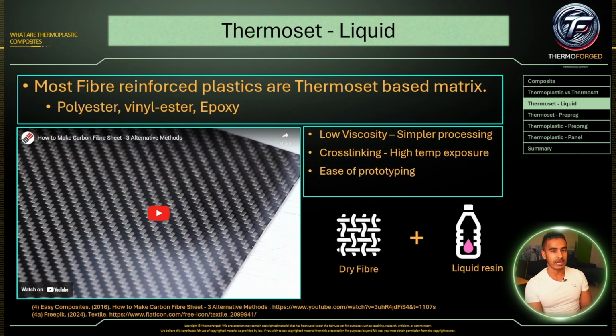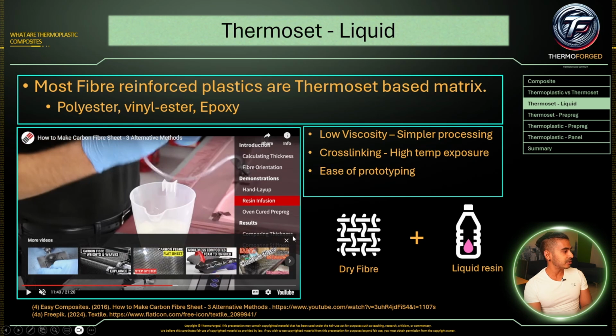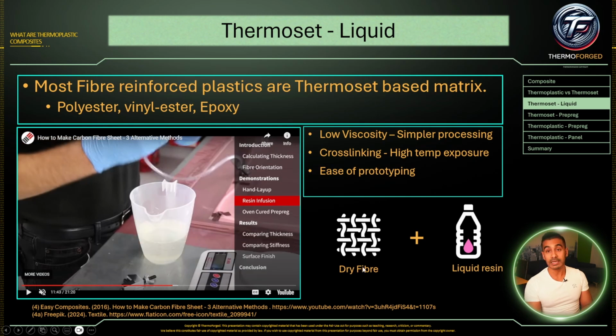I have this video here from Easy Composites, and I would recommend checking out the channel. The guys at Easy Composites have a material here which is a liquid, and this material gets mixed with a hardener, and the hardener over time will get the material to gel and then solidify.